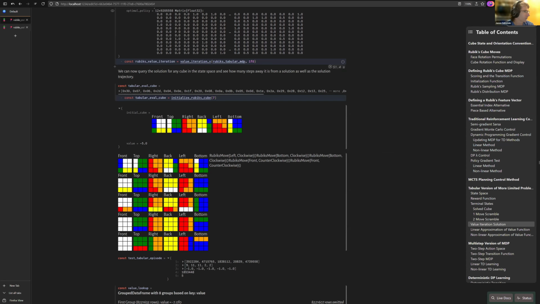So here in the tabular problem, each cube is just uniquely identified by its index in the state space. When we use approximation techniques, we're going to actually take the cube itself and turn it into some kind of vector. It could be a vector of symbols that you could pass to a transformer. It could be a one-hot encoded vector that is just all passed to one big approximation function. But it doesn't matter if it's a transformer or a fully connected network or just a linear function.